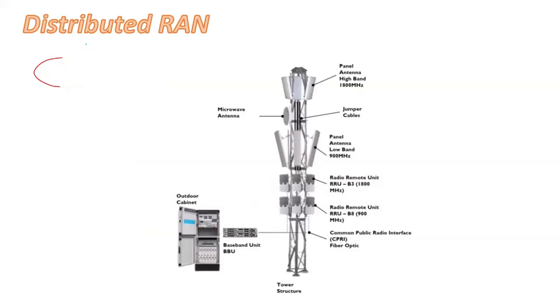We call it distributed RAN because the RAN is at distributed locations. BBU is connected to RRU through a CPRI cable. Then RRU is connected to the antenna through a jumper cable, right? So this is the traditional RAN.